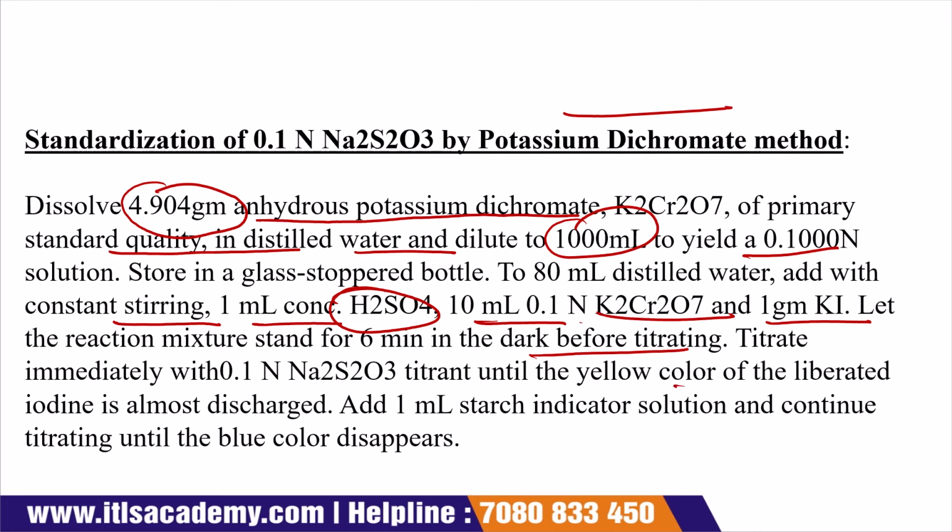Titrate until the yellow color of the liberated iodine is almost discharged. When the yellow color is discharged, we add 1 ml of starch solution and again titrate until the blue color disappears. When the blue color disappears, we take the final reading. So this is how we standardize that solution.